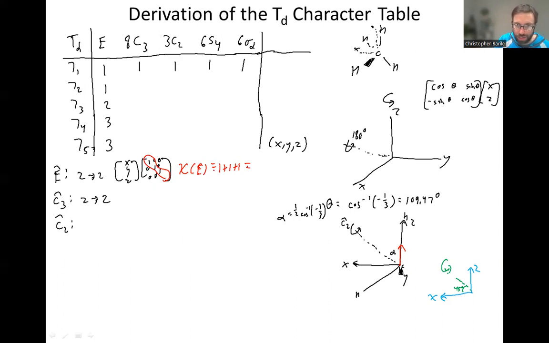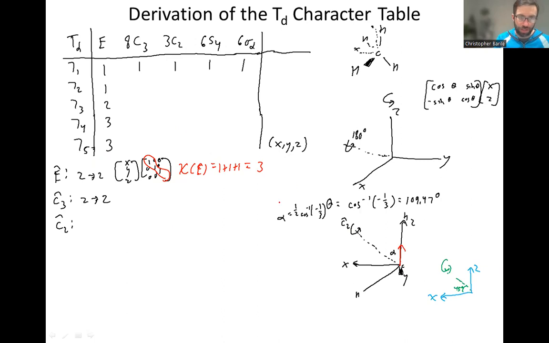The identity operation equals 1 plus 1 plus 1, the sum across the main diagonal, which is equal to 3. I realize you're going to have to look at some of the other character derivation videos to understand where this is all coming from. This is one of the more complicated cases, but that's why we have a value of 3 here.